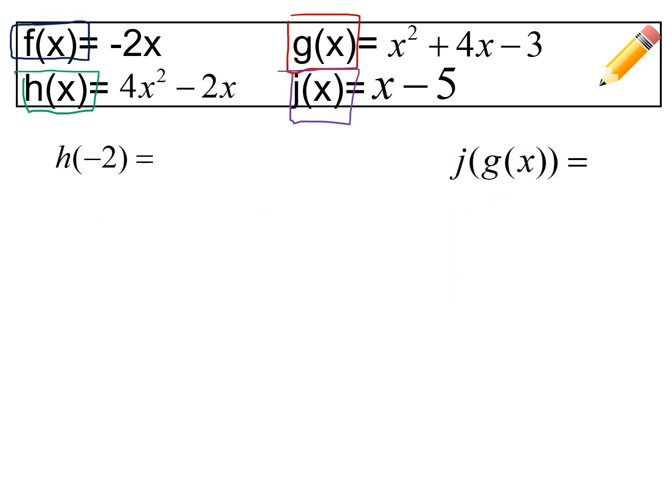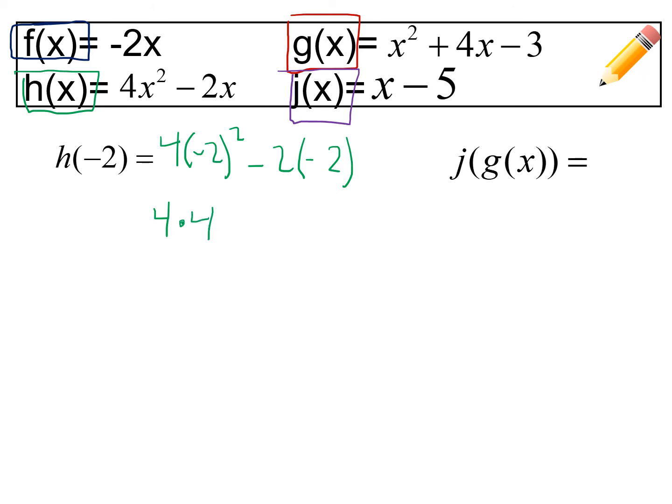Let's not forget I can still evaluate any function at any given value. In this case, I've got h of negative 2. So where I see an x in h, I'm going to substitute a negative 2 and simplify. So I've got 4 times negative 2 squared, which would just be 4.